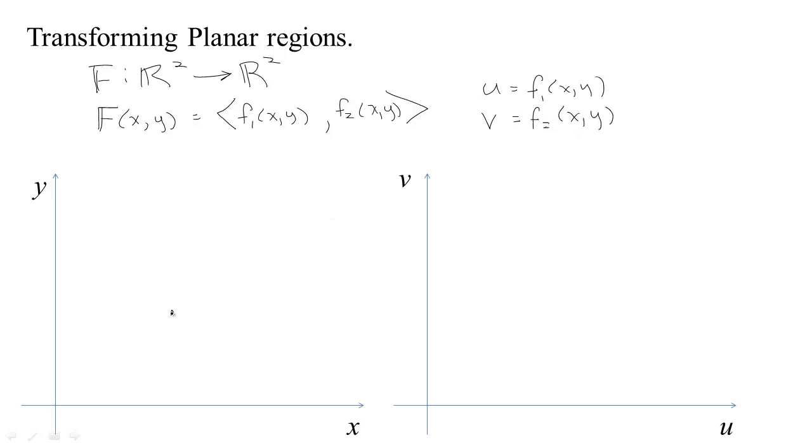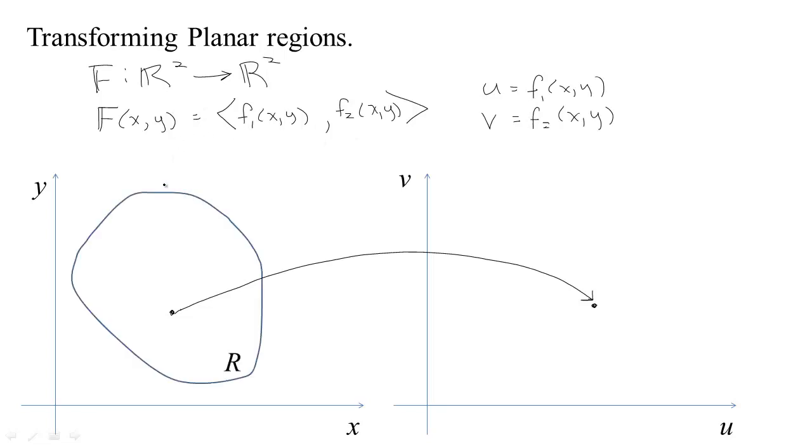So every point over here, that function f turns into another point over here. So each point in xy space is transformed to another point in uv space through these two functions of two variables, or you could think of it as a single function, this transformation function f.